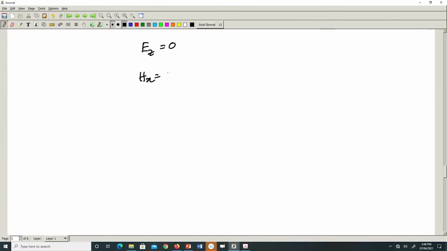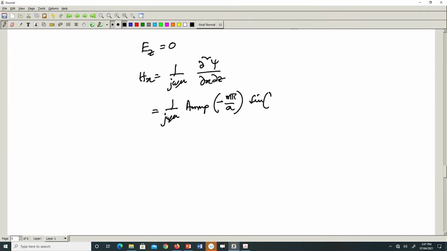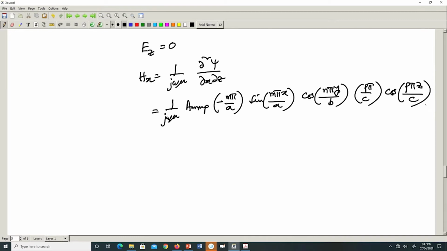H x will be 1 by j omega mu del square psi del x del z, and that is 1 by j omega mu, A mnp, minus m pi by a, p pi by c, sin m pi x by a, cos n pi y by b, cos p pi z by c.